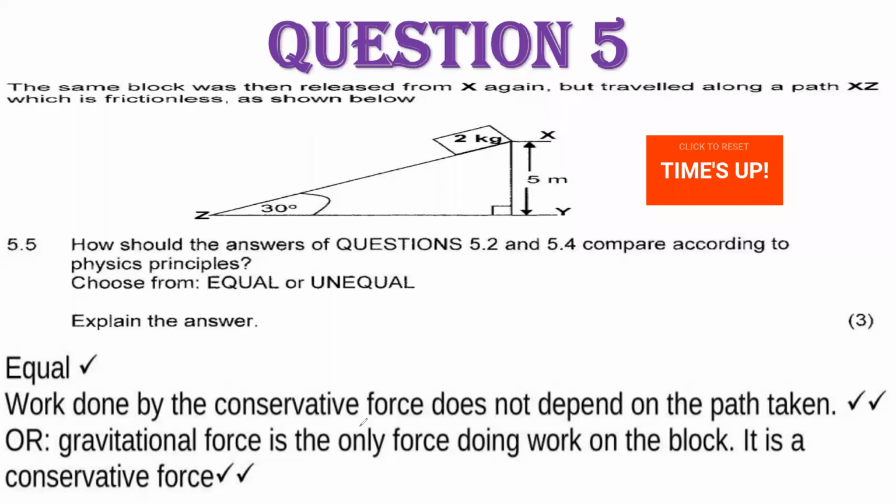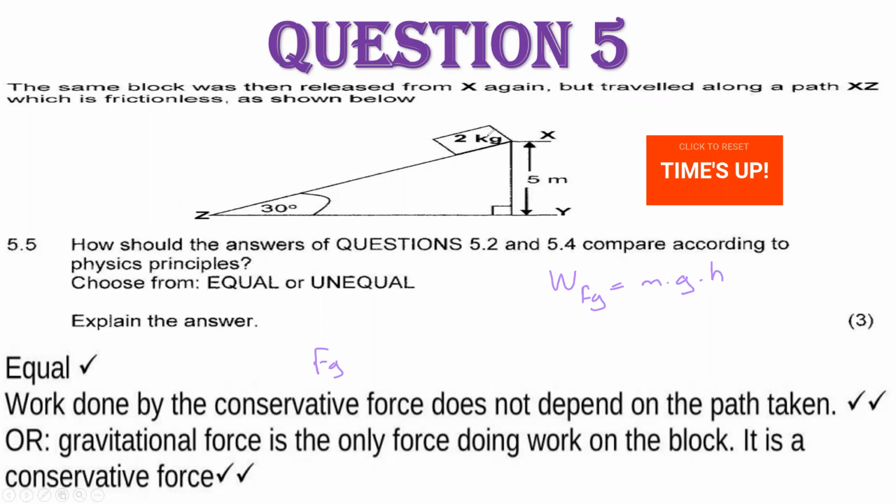And on this system, also only the gravitational force acts. Work done by the gravitational force is equal to m times g times delta h, the change in height. So we use this one, and then we can say equal.